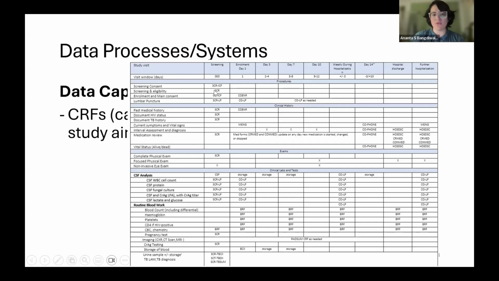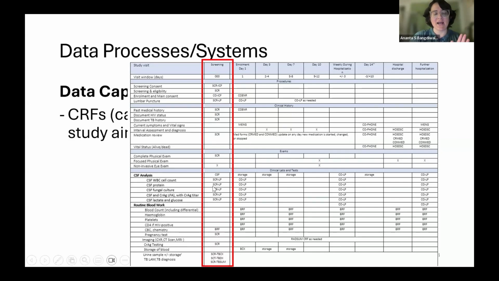Your case report forms are going to be designed based on what you need to collect, which is the rows, and when you're collecting, which is these columns, these visits. I'll highlight here, this is the screening visit. Some of the things that need to be collected at the screening visit are going to go onto a specific form, right?